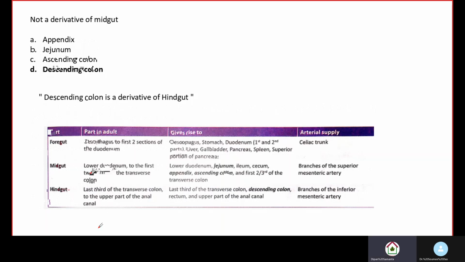So the cord contains Wharton's jelly and the structures that are embedded.